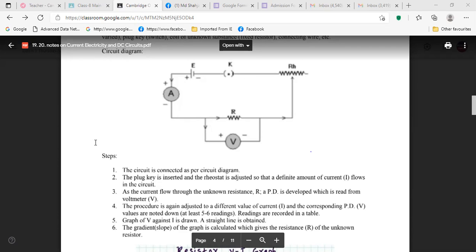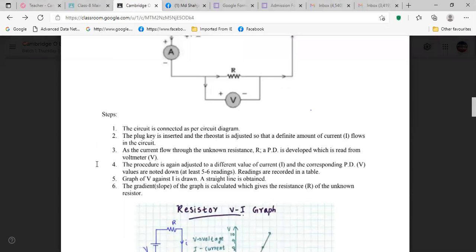Now, you see, we have here some steps. Can you read them, Mahi? Step one, the circuit is connected as per the circuit diagram. Two, the plug key is inserted and the rheostat is adjusted so that a definite amount of current I flows in the circuit.